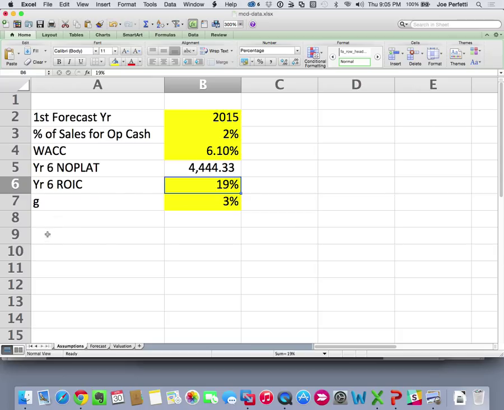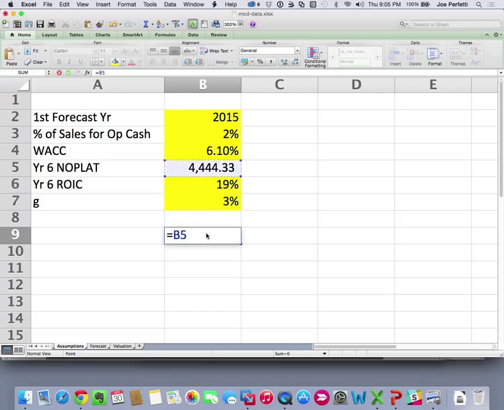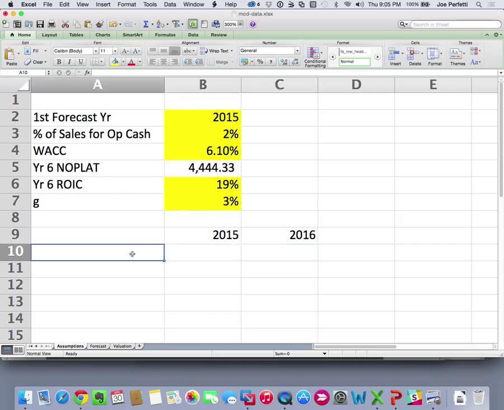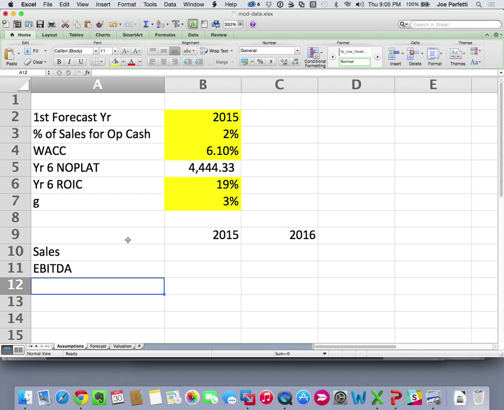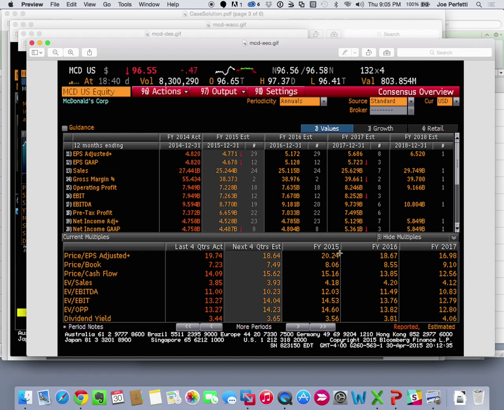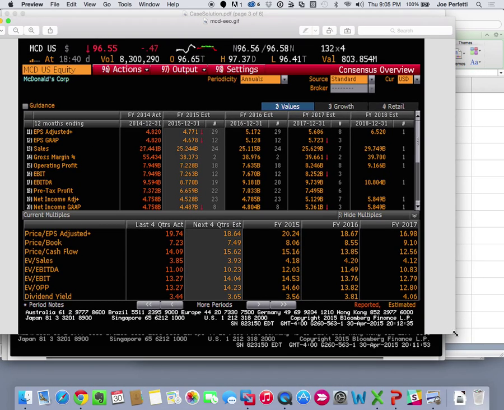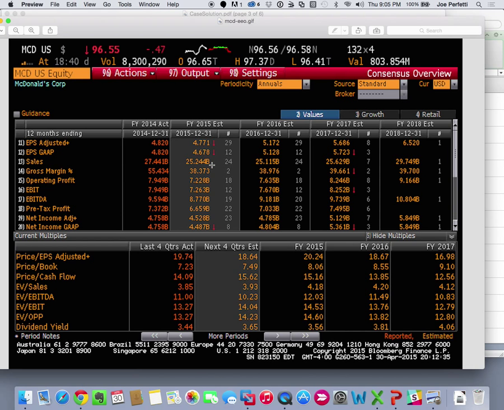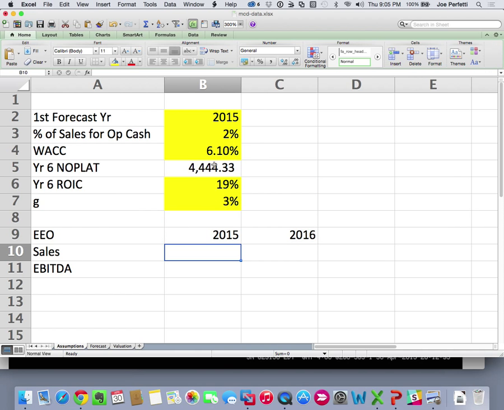I'm going to come here to the assumptions, and for 2015 and 2016, I'm going to get the sales and EBITDA from the EEO, the earnings estimates that Wall Street is using today. So sales for McDonald's next year are currently expected to be 25,244.